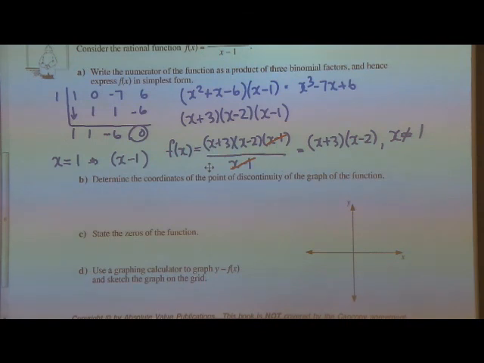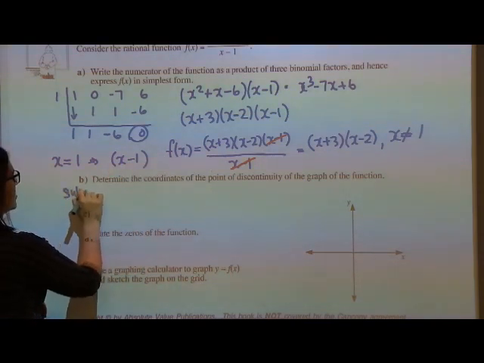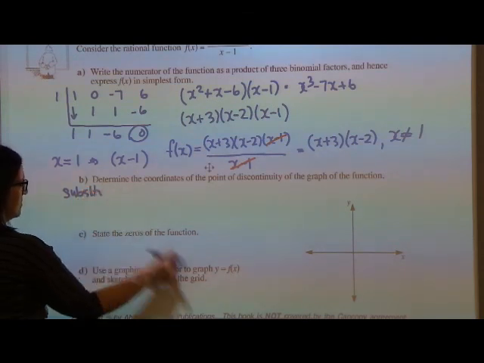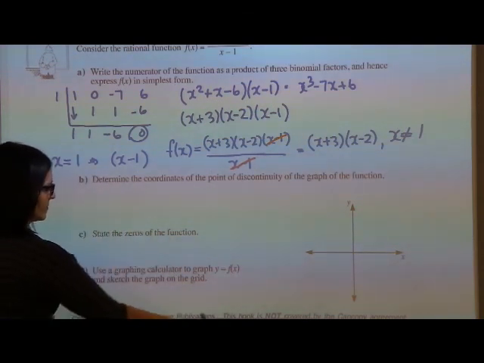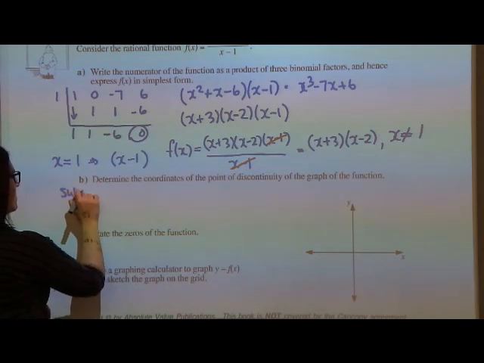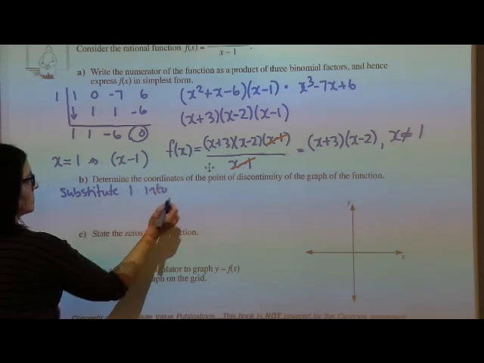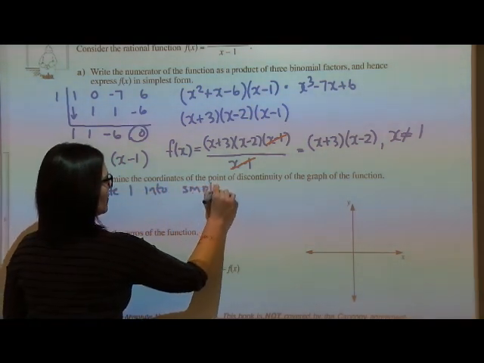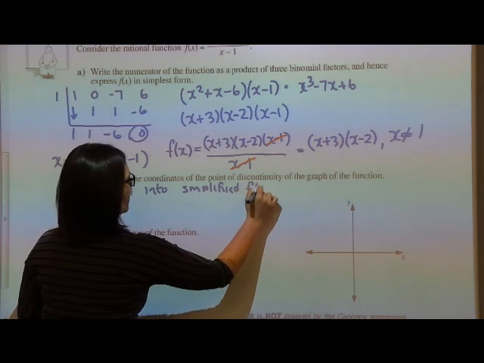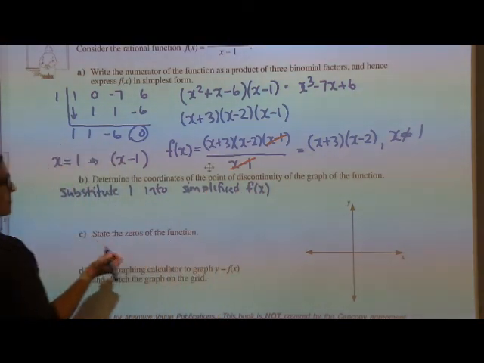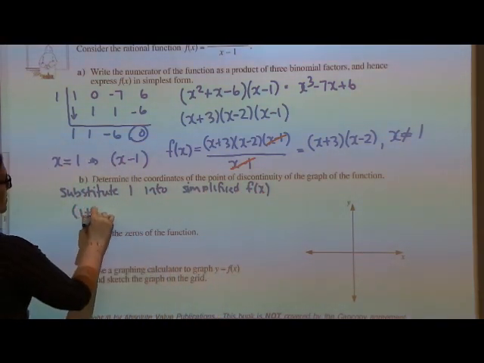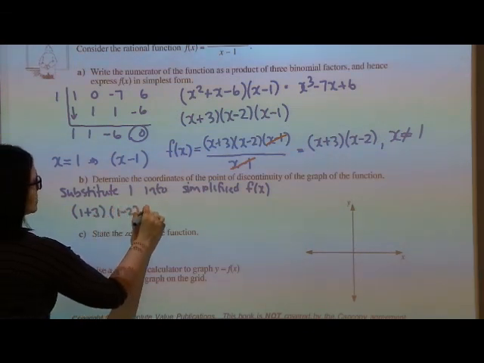So to determine the point of discontinuity, I'm going to substitute 1 into that simplified equation. So I'm going to substitute 1 into the simplified f of x. So I get 1 plus 3 times 1 minus 2.